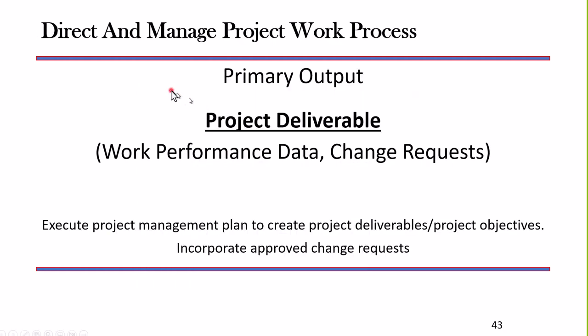Execute the project is done under direct and manage project work. That's where we take the plan and execute the plan. Our primary output of this process is the deliverable itself. The deliverable itself is the output of direct and manage project work.